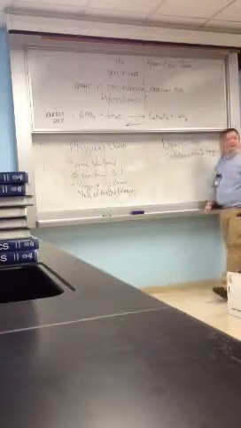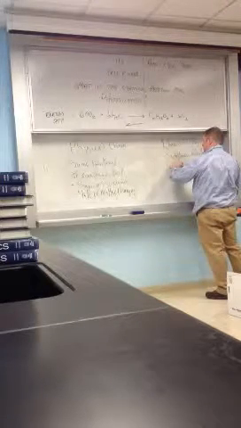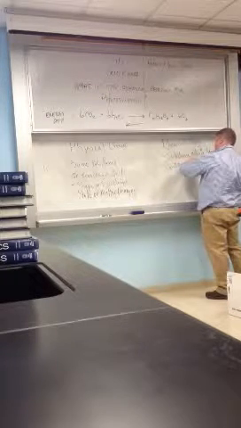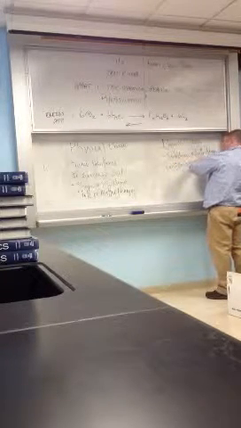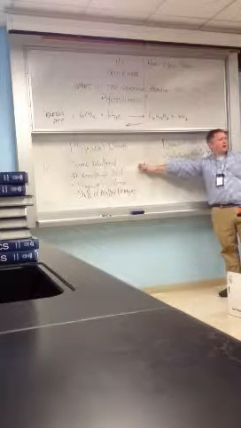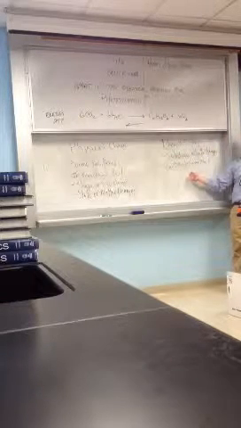We can't easily change it back, right? And really, physically, we can separate these. If we mix them together, we can physically separate them. Here, we'd have to chemically do something, right?